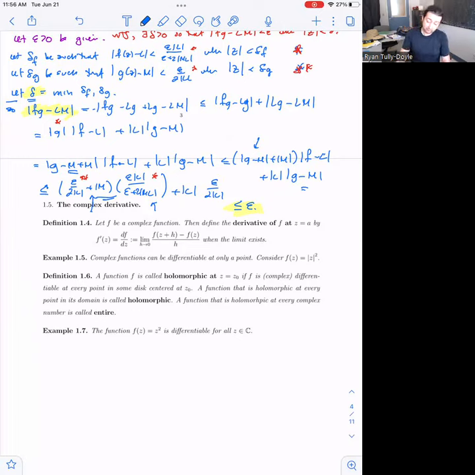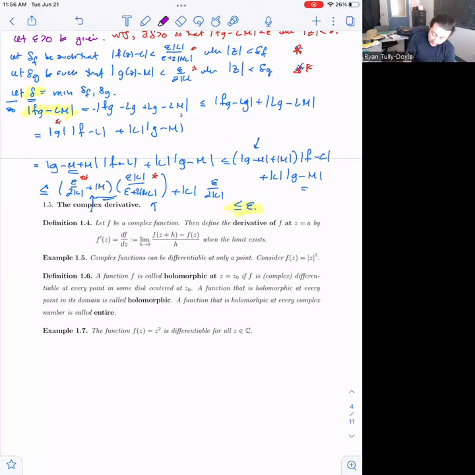We're going to basically just write down the definition of the derivative from real calculus and use the modulus instead, or a complex limit. And we're going to make that be the definition of the complex derivative. So with that said, we make the following definition.